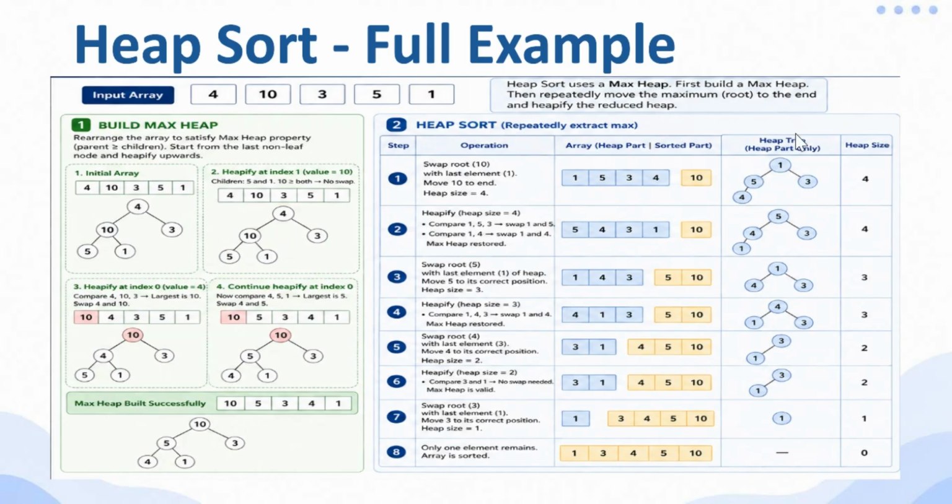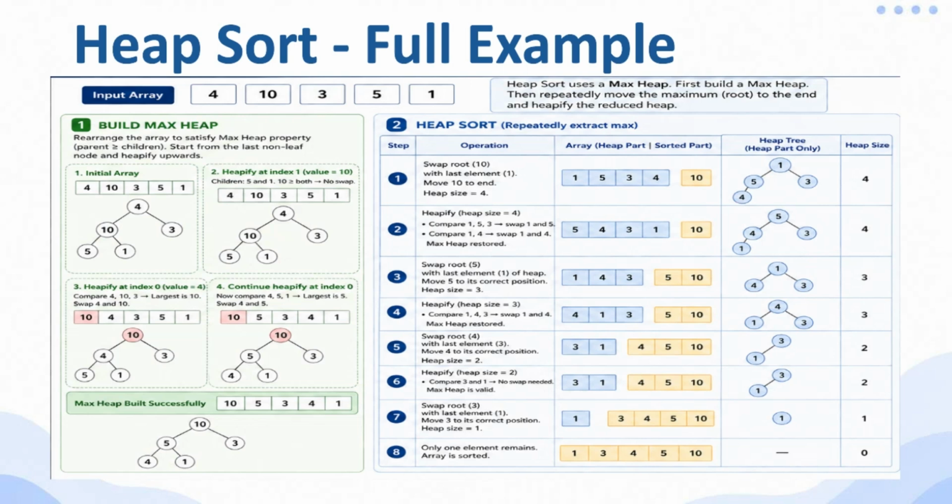Notice that the root always contains the largest value. So our strategy is simple: take the root, move it to the end, reduce the heap, and rebuild the heap. So the root is 10, so swap it with the last element, which is 1.